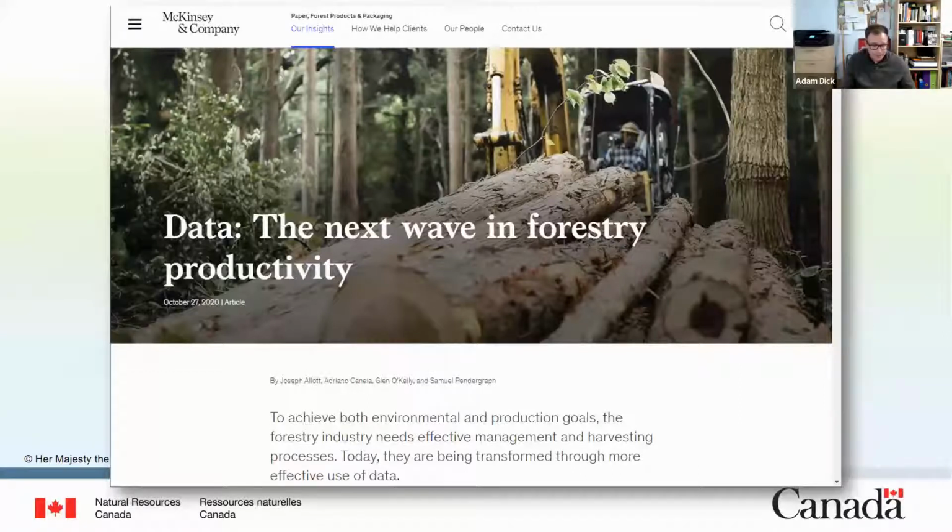And as it says at the bottom, to achieve both environmental and production goals, the forestry industry needs effective management and harvesting processes. Today, they're being transformed through more effective use of data, and so that really encapsulates what we're trying to work towards. I'll go through a few of the figures just to try to summarize the article a little bit.